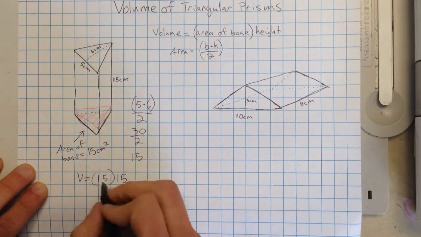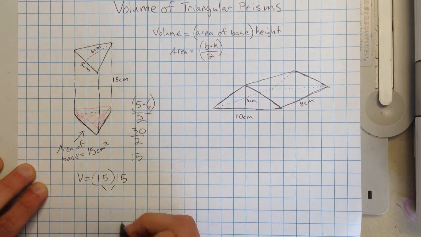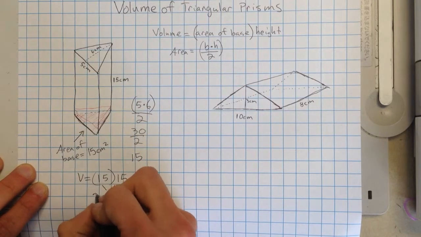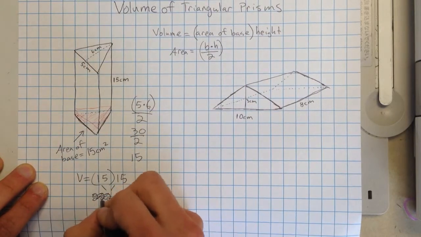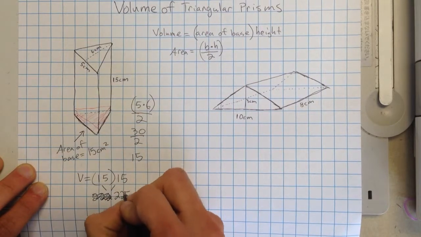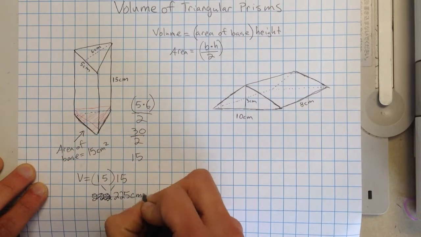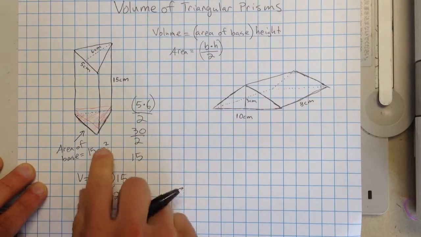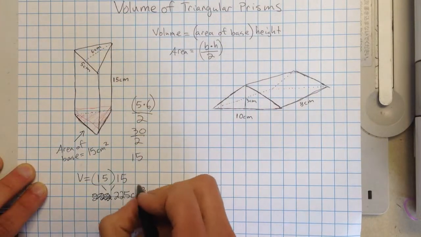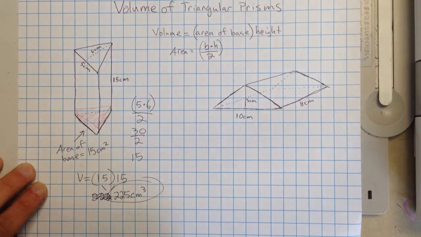And if I do the math, 15 times 15, I would see that works out to be 225. Oh no, messed that up there. Sorry, 225 centimeters. I'm going to say cubed because it's volume. So that means this shape right here has a volume of 225 cubic centimeters.